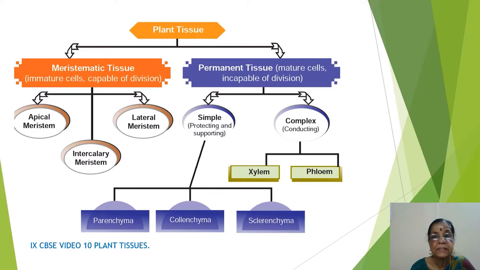And simple permanent tissues are parenchyma, collenchyma and sclerenchyma. Okay. Now in this video session, we are going to learn about meristematic tissue and simple permanent tissues. I hope you will follow.